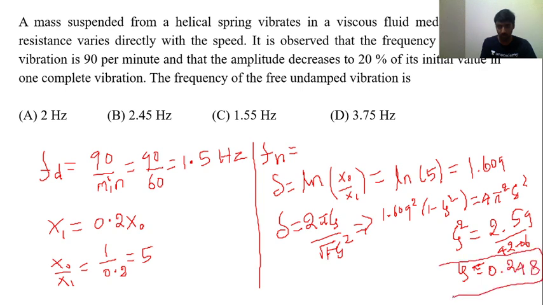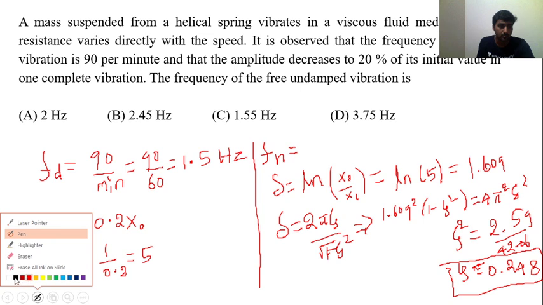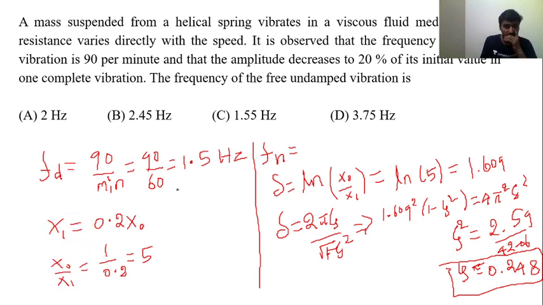If we know the zeta value, then we know the relation between them. Again, I am writing a different equation here. From this equation, omega d is equal to fd into 2 pi, which is 1.5 into 2 pi, equal to 9.42.